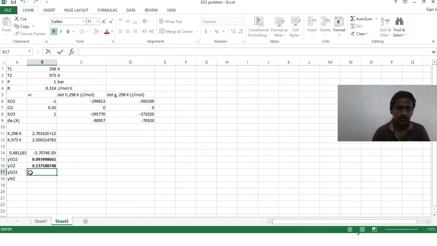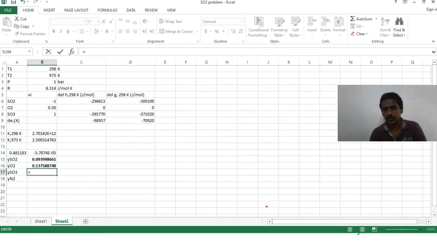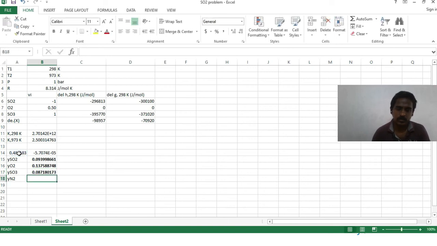Similarly, y_SO3 will be equal to epsilon divided by 5.76 minus 0.5 multiplied by epsilon, close the bracket.